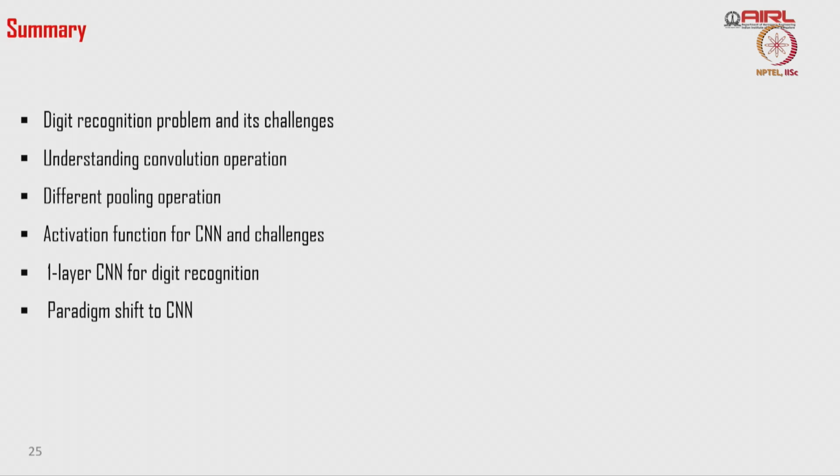And we talked about different activation functions one can use in CNN, and we built a single layer CNN for the digit recognition problem. Maybe in one of the tutorials, we will take you through how to load this data, how to construct the architecture, and how to use the gradient learning process to get the best parameters out of it. We will do the demonstration in one of the tutorials.